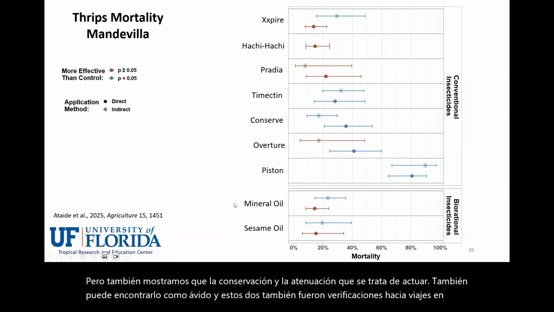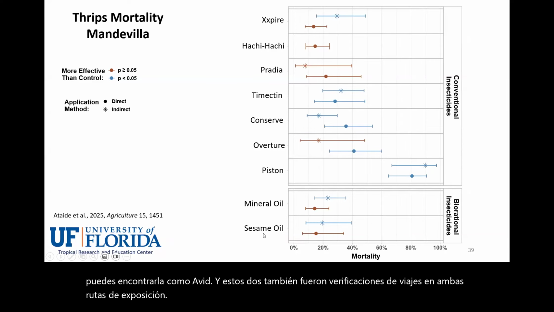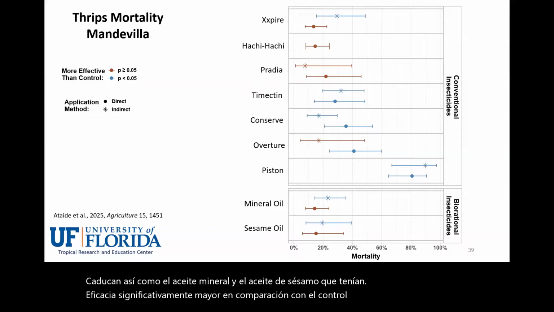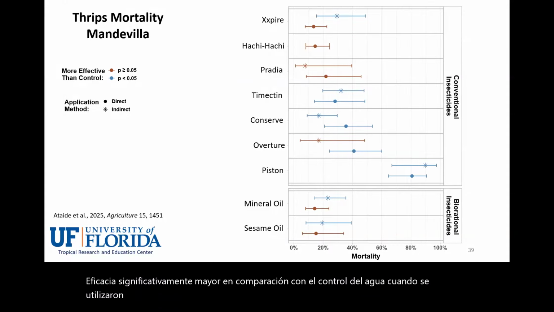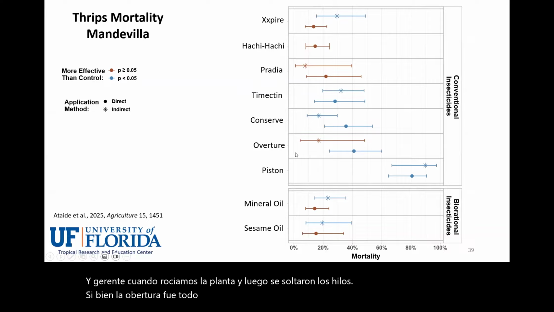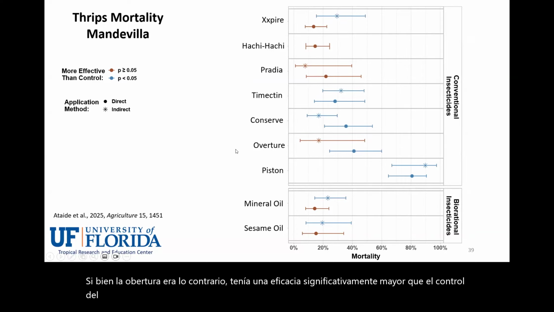Expire, as well as the mineral oil and the sesame oil, had significantly higher efficacy compared to the water control when they were used in a prophylactic manner. So when we sprayed the plant and then the thrips were released. While Overture was the opposite. It had significantly higher efficacy than the water control when it was sprayed in a curative manner.